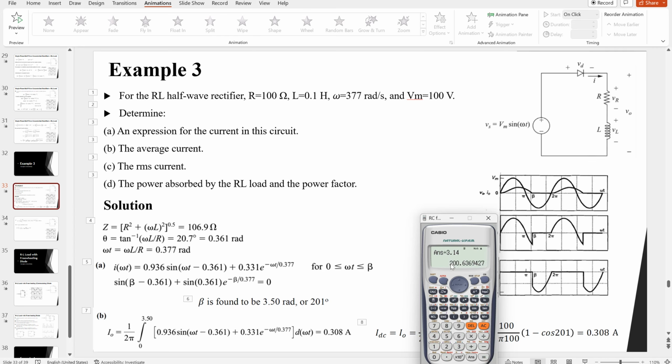So it is 200.6 or 201 degrees. So what I did in order to convert from radians to degrees is that I multiplied by 180 degrees and divided by pi. So this is how you can use a calculator in order to solve any equation like this or any other equation.